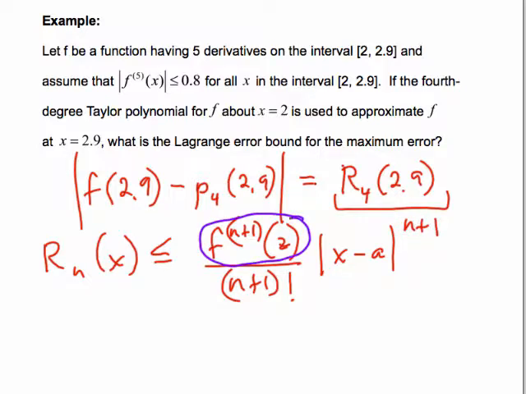This is our M, our maximum n plus first derivative on the interval. So n is the Taylor polynomial that we're using for our approximation, which is a 4th degree Taylor polynomial.